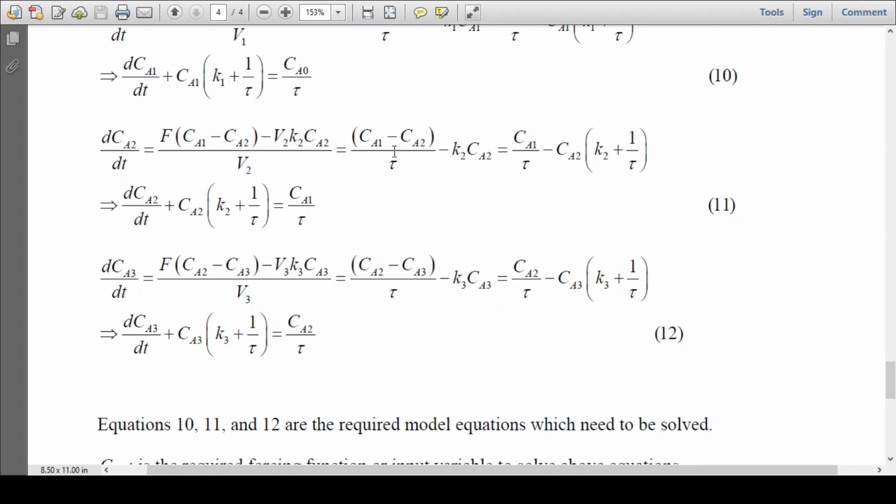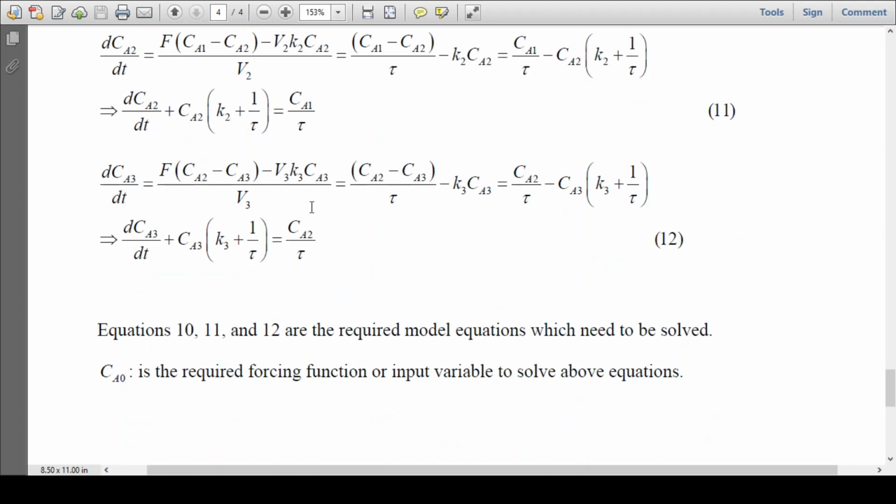Now we can substitute the expression of tau, and we end up with CA1 upon tau minus CA2 (K2 plus 1 upon tau). This is another equation for reactor 2. Similarly we can write for reactor 3: dCA3/dt equals CA2 upon tau minus CA3 (K3 plus 1 upon tau).